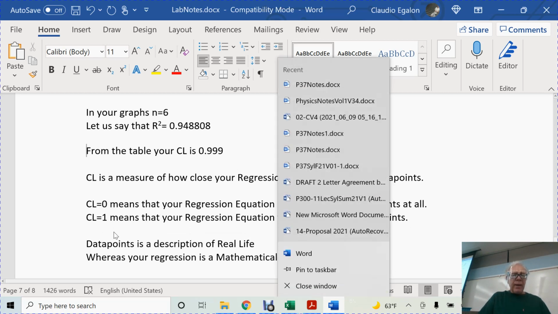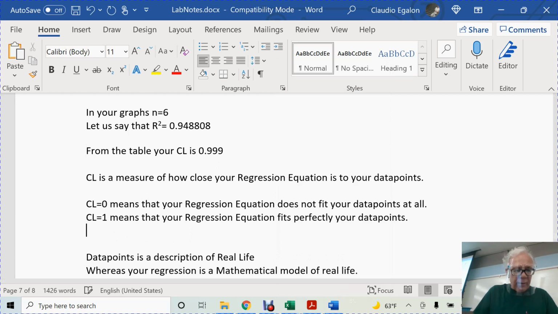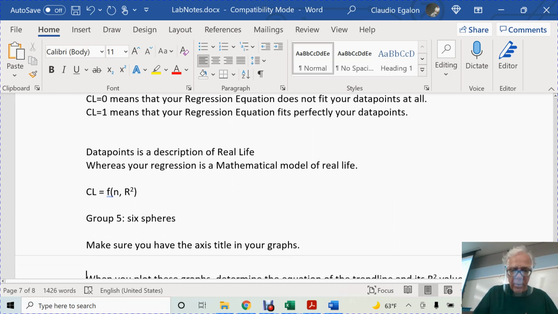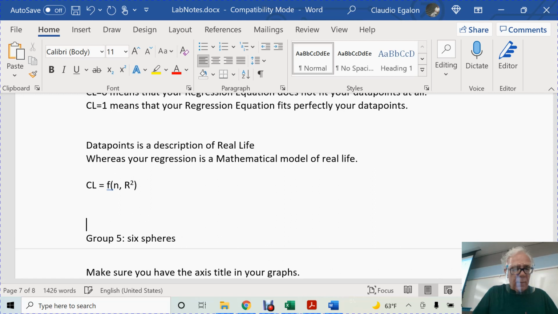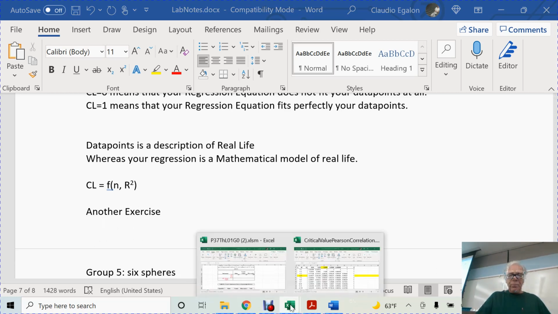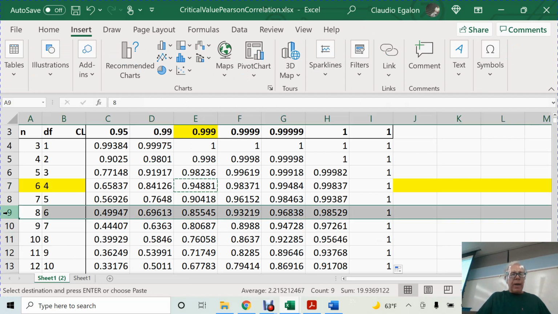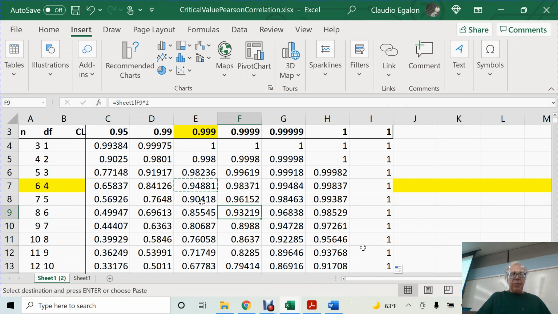Okay. So another example, another exercise. Looking at your table, at your PDF table. Suppose that now you have n equal to 8 and r squared equal to 0.93219.